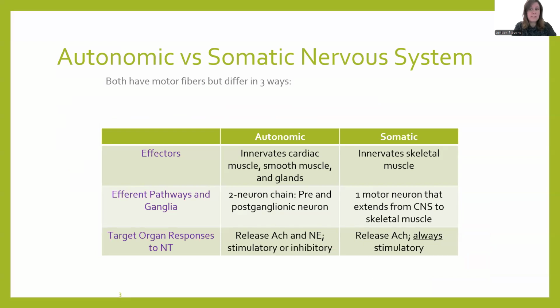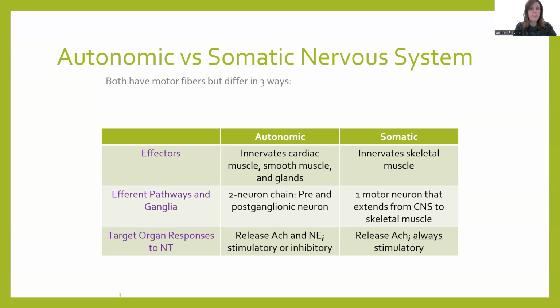So, although both systems have motor fibers, they differ in the effectors they control. So the SNS is for skeletal muscles and the ANS is for visceral organs, right? Internal organs. And the pathways and neurotransmitters they use are different.